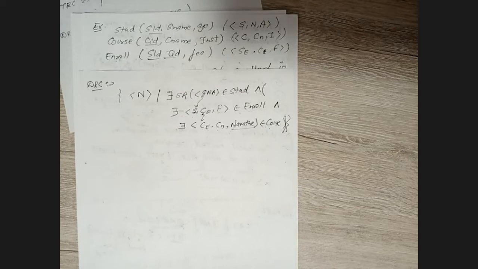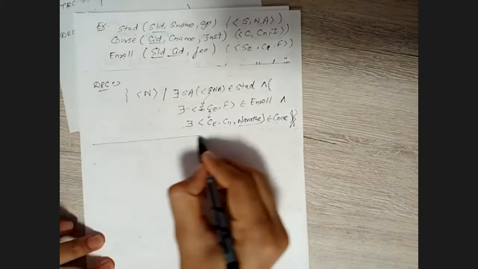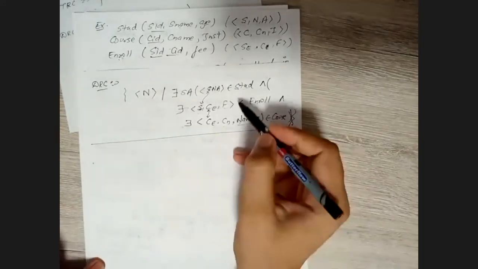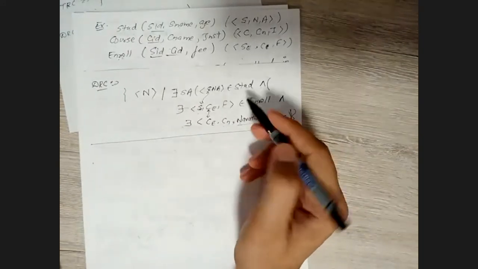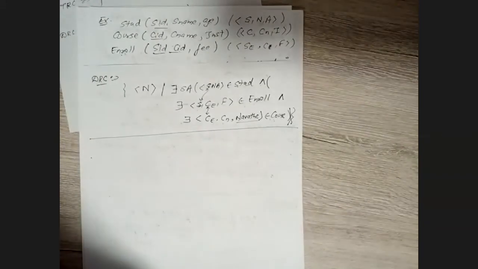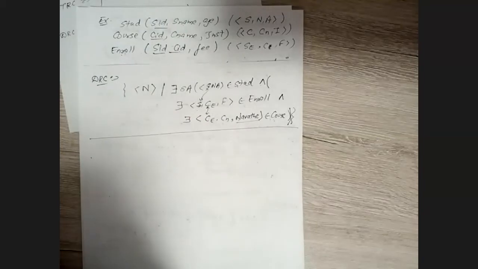Right? Okay, I hope you have understood, right? So what actually I'm going to do now is, this is the way you can do it, and always remember when we are doing DRC, you might be thinking that TRC queries might be easier to write.